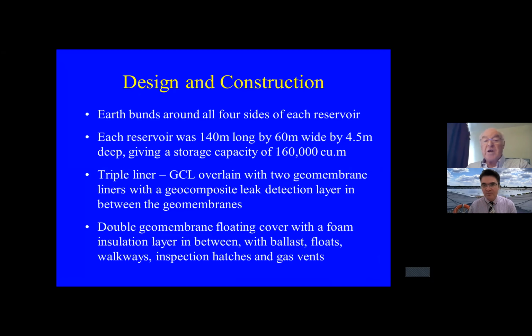We had a GCL on the base overlain with two geomembrane liners with a geocomposite leak detection layer in between the geomembranes. From memory, the lower one was 2 millimeters thick and the upper geomembrane was 2.5 millimeters thick. For the cover, we had a double geomembrane floating cover with a foam insulation layer in between, with ballast, floats, walkways, inspection hatches, and gas vents.